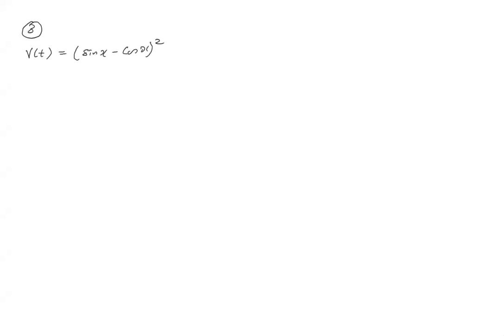If you are not very good at expanding, you can write this in your notes. This is sin square x minus 2 sin x cos x plus cos square x. All this step is a must to write down. So sin square x plus cos square x is 1.